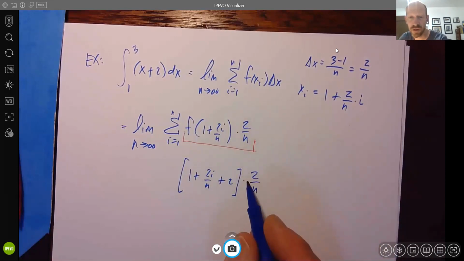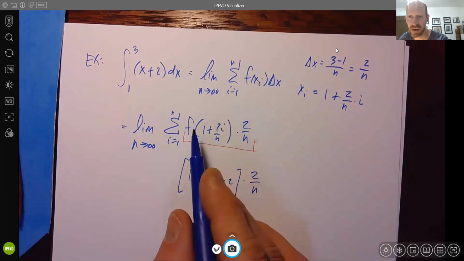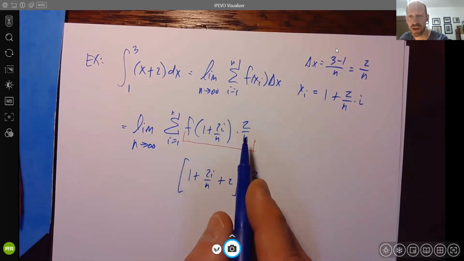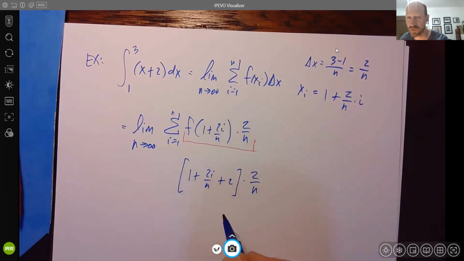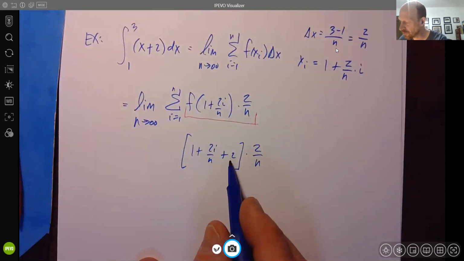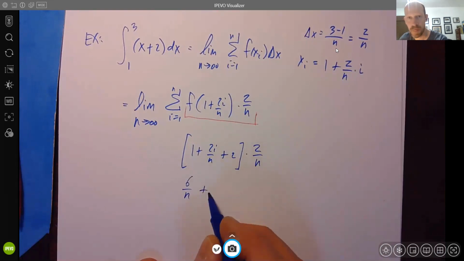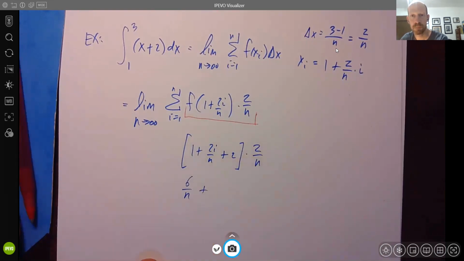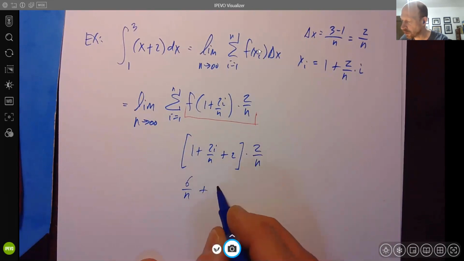Make sure you're distributing this 2 over n to whatever you get here. Often this is going to have a couple different terms, so you can't just put the 2 over n on the end. You have to put brackets around it so it's distributed. And I can simplify this a little. 1 plus 2 is 3. 3 times 2 over n is 6 over n. 2i over n times 2 over n is 4i over n squared.